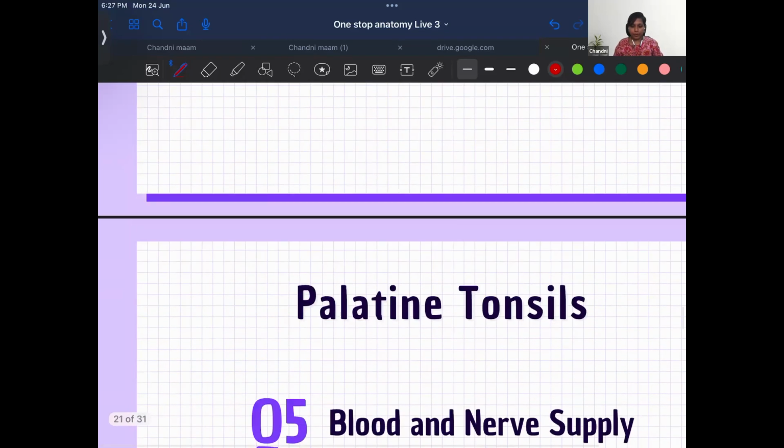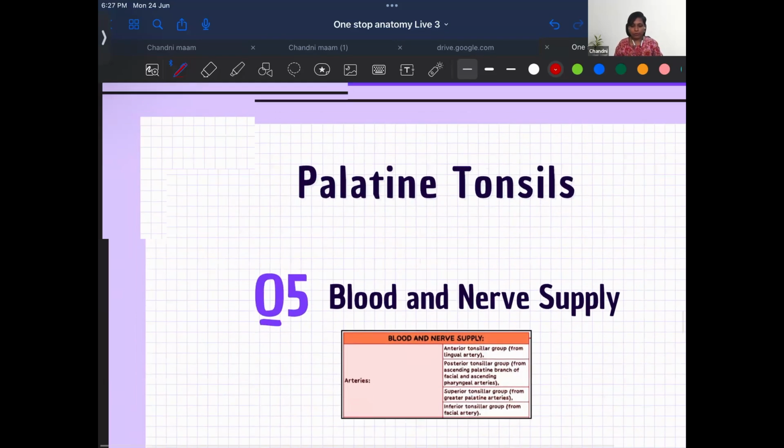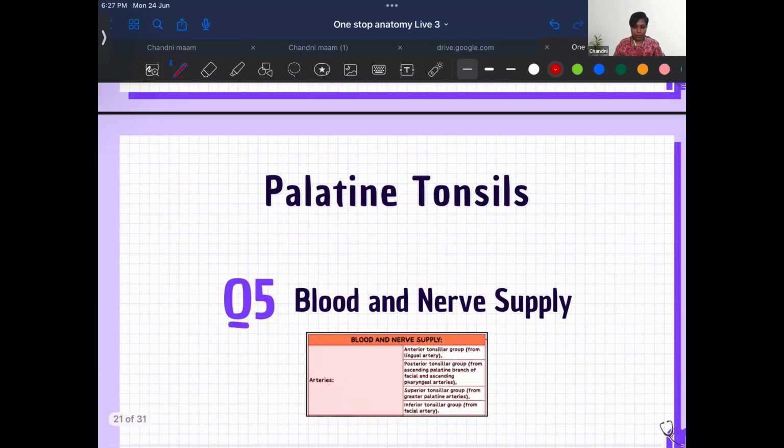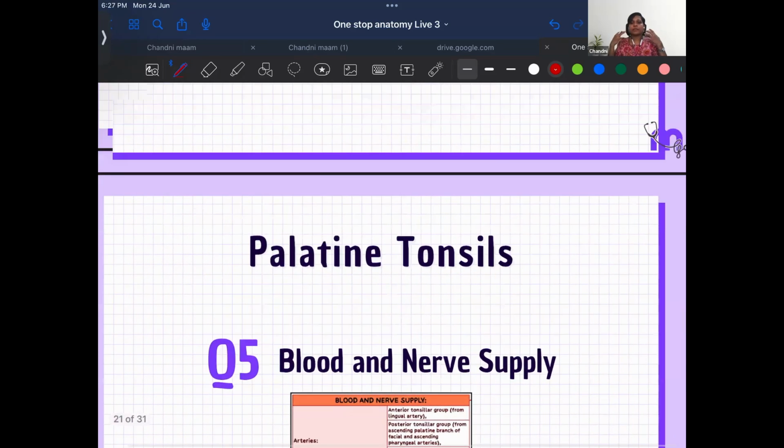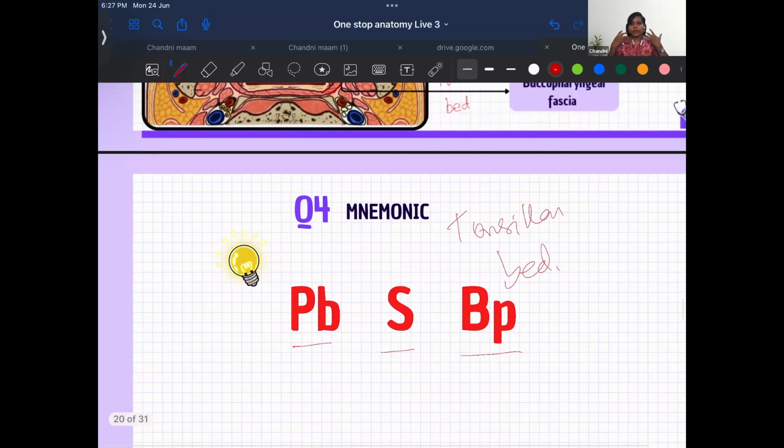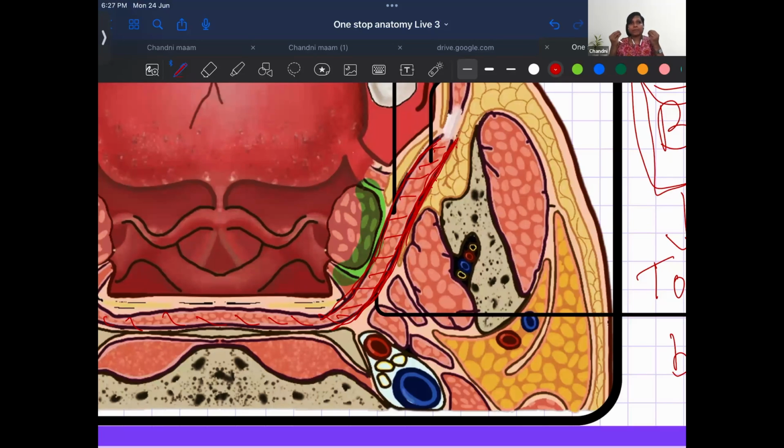Okay. Next we go. Oh, I had to tell you one more thing about the capsule. All the blood vessels are coming from outside. So the capsule plays a very important role in that it sends septa inside, and through the septa, all the nerves, the lymphatic channels, and the blood vessels run.